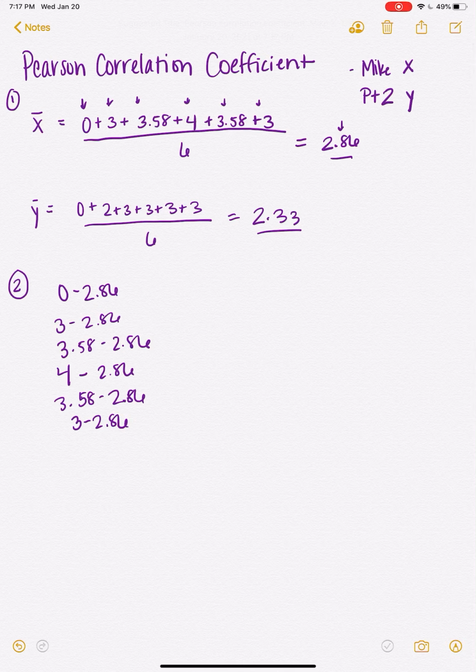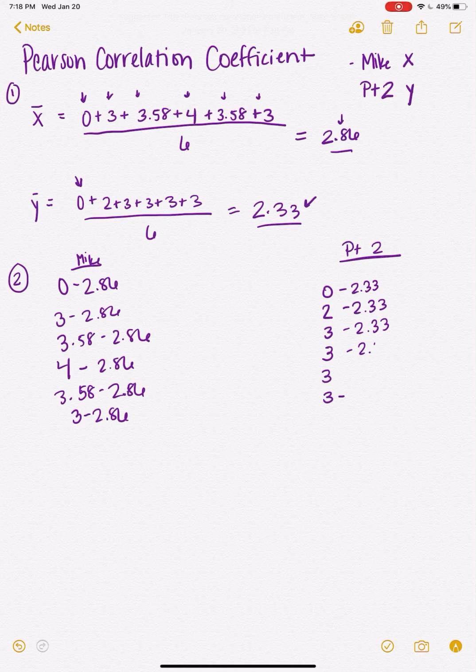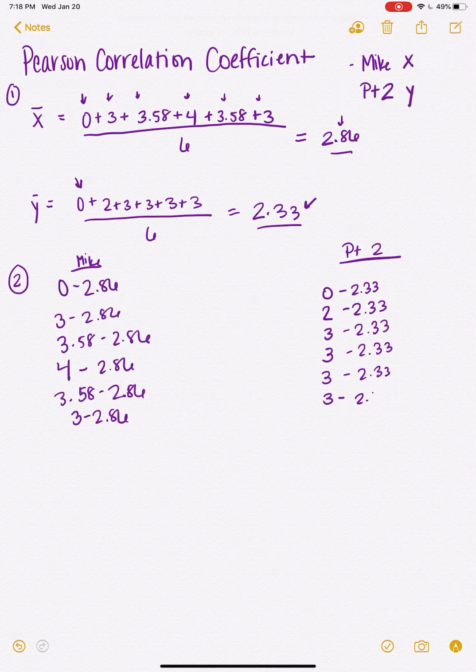I'm going to do the same thing for patient 2, subtracting his average from his values. So again, this is Mike, this is patient 2. His values right here were 0, 2, 3, 3, 3, 3, and I'm going to subtract 2.33 from them. Let me just write in these answers here.